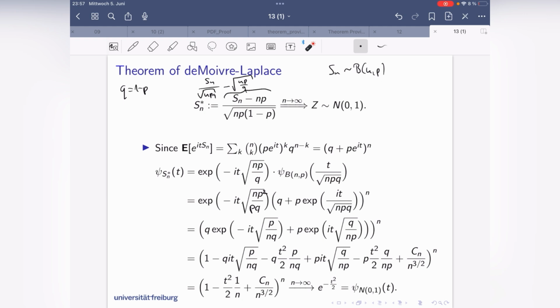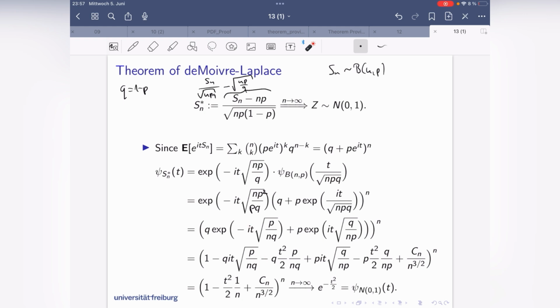So n is big, that means that this here is essentially 1, and q plus p equals this 1 here. And what remains is, well, the first term from the Taylor series expansion of this exponential here, minus qit square root, then a square of this, half, by the second thing. The square is plus i square, which is a minus.